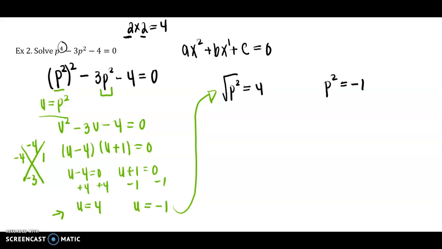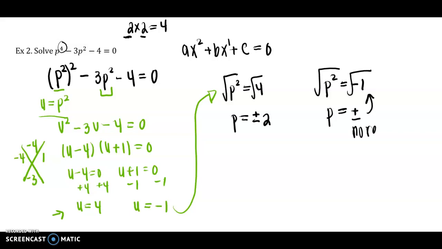So we could square root both sides. Alright, so you get p equals plus or minus 2, because whenever you take the square root of an equation, it's plus or minus. And then p equals plus or minus, we can't take the square root of a negative number yet. So we're just going to say no real solution here.